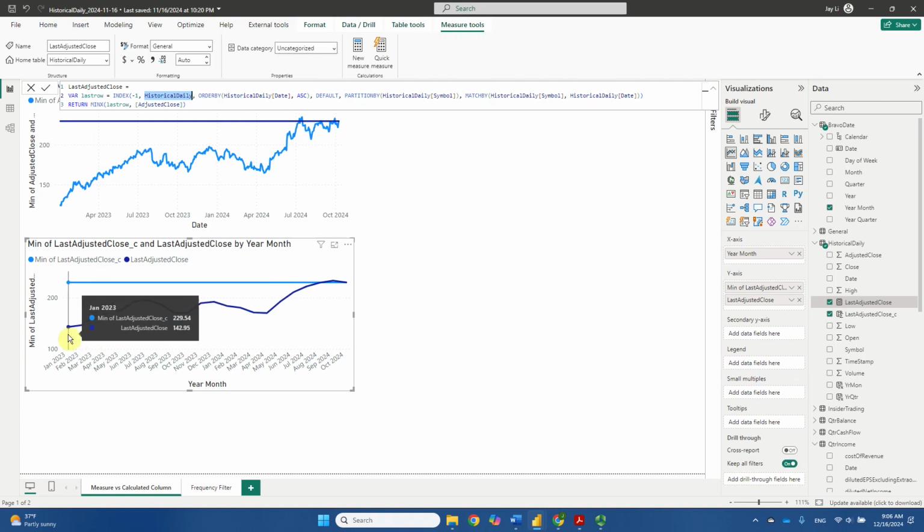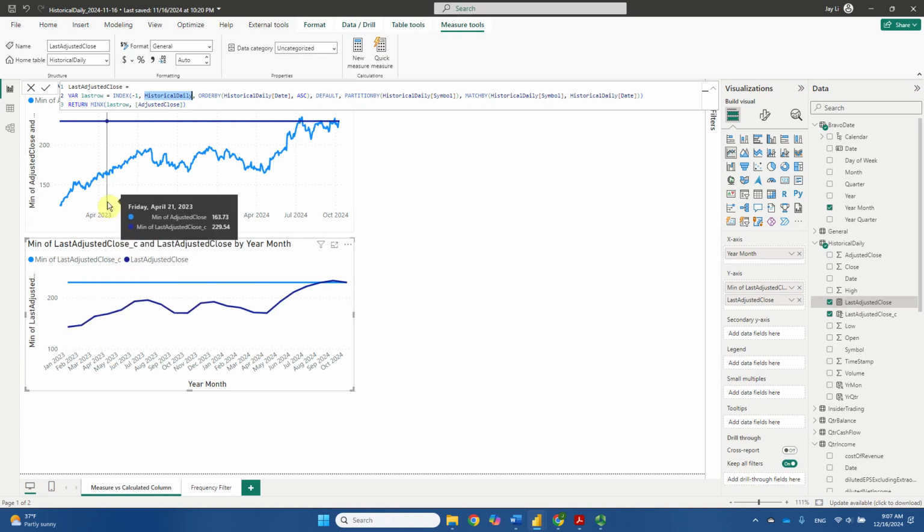So because in this visual, this measure of LastAdjustedClose is going to change which part of this historical daily data it is going to process.